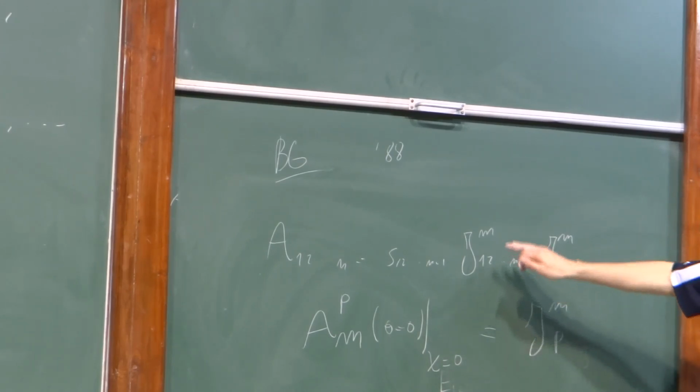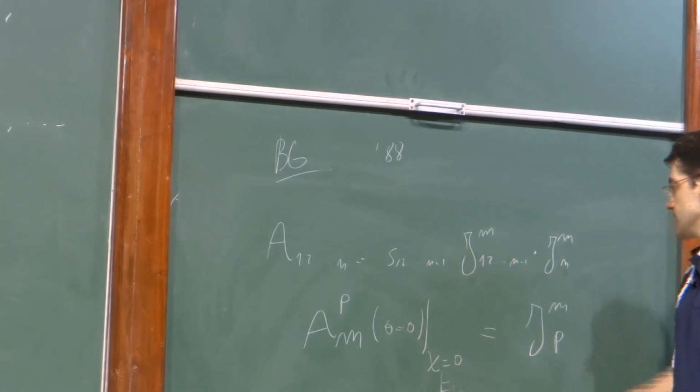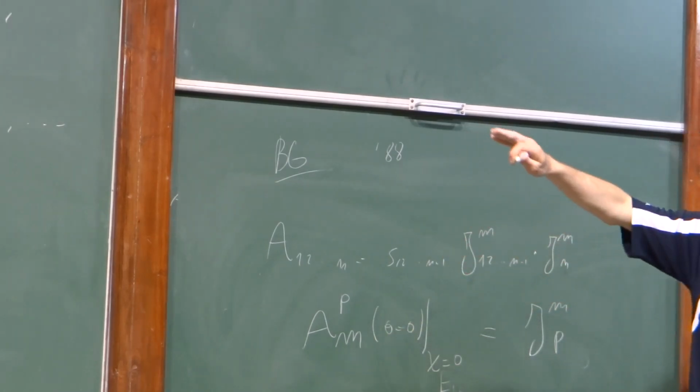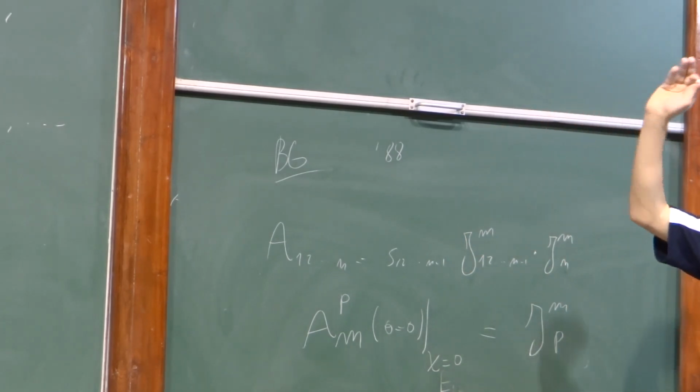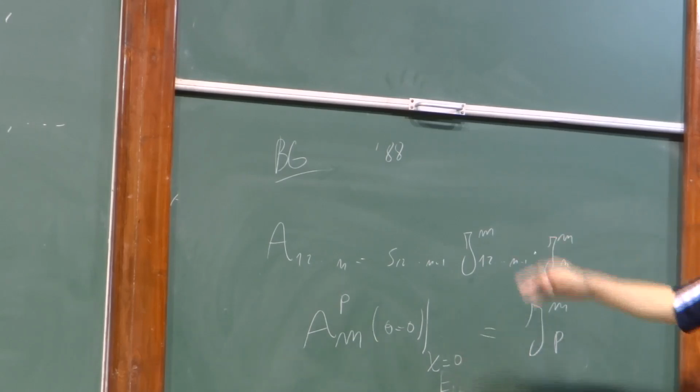But they had only this current, constructed recursively, and instead of just cubic vertices like that, they also had a quark vertex.